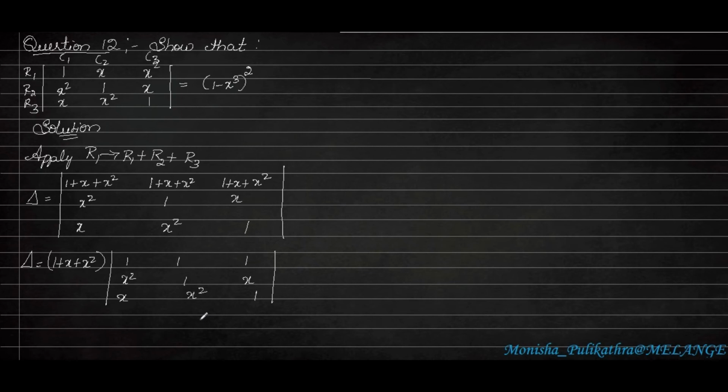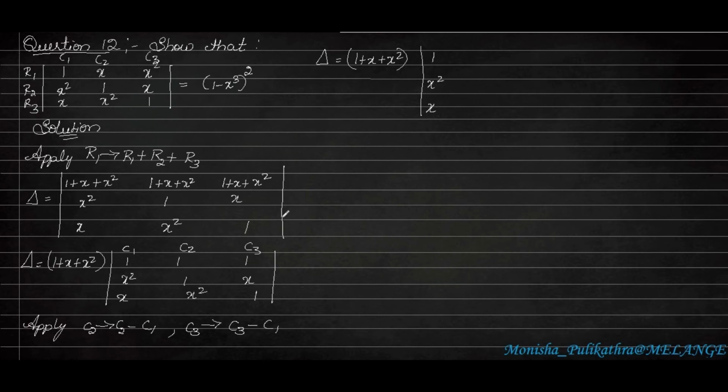After this we have to apply one more rule: apply C2 to C2 minus C1 and C3 to C3 minus C1. So this is C1, C2 and C3. Since we have made changes to the second and third columns, the first column will remain as it is: 1, x square and x.